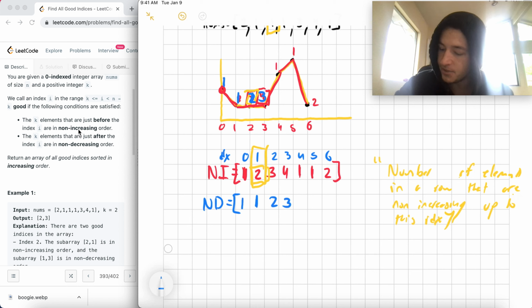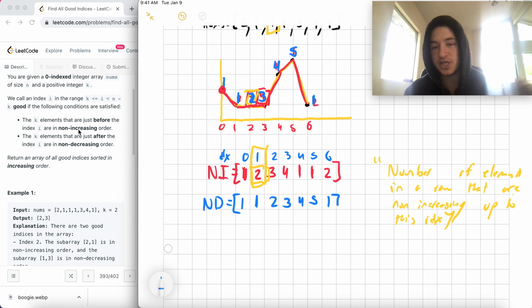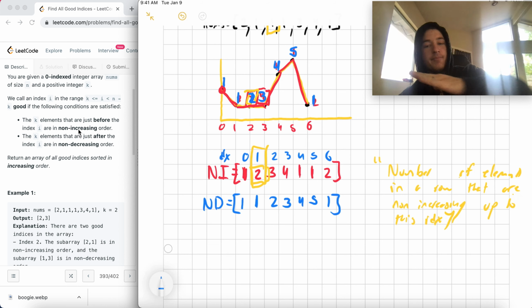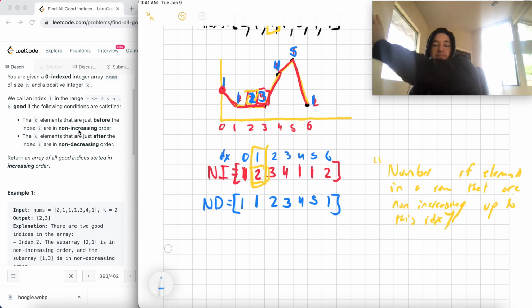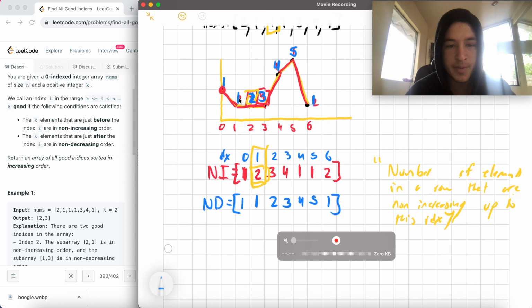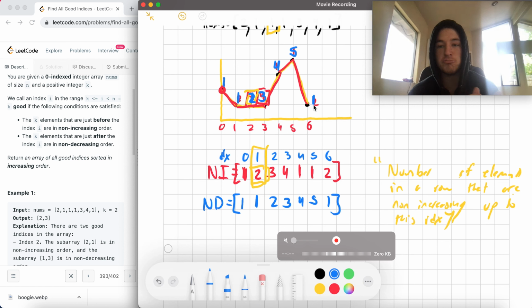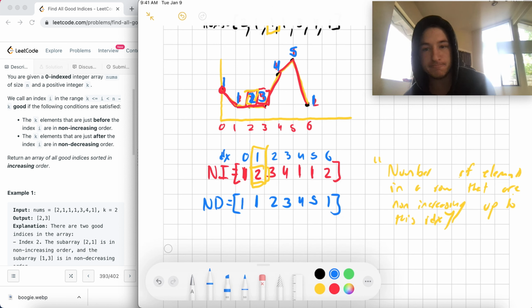This is non-decreasing, so this is 4. This is non-decreasing, so it's 5. This is decreasing, so it's 1. Right? So I'm just keeping a running sum, like I'm gaining momentum every time the condition is met. And then when the condition is no longer met, I have to restart. So that will give me information about things non-decreasing.